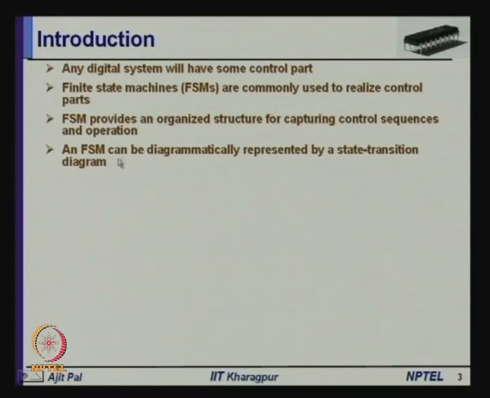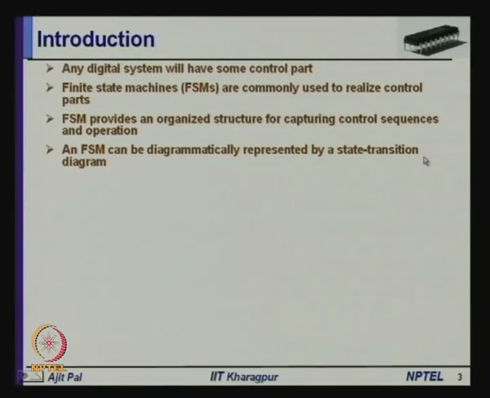And a finite state machine can be diagrammatically represented by a state transition diagram. Question naturally arises, how do you really represent a finite state machine? There are various ways of representing finite state machine. For example, the specification usually is given in terms of simple English language, or maybe with the help of some programming language like C, or maybe with the help of some hardware description language like Verilog and so on.